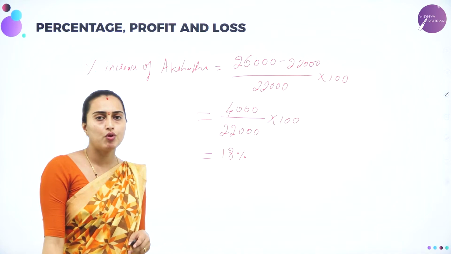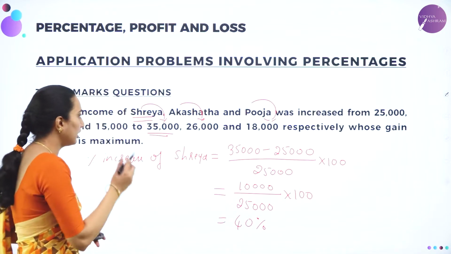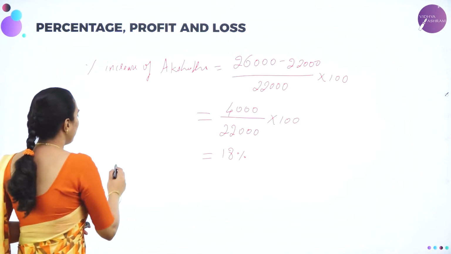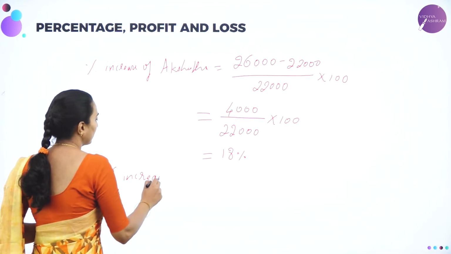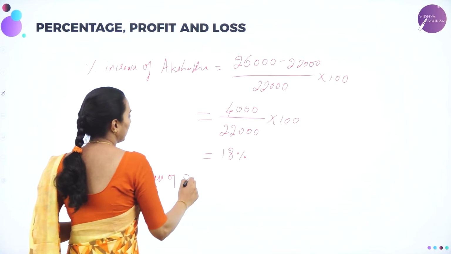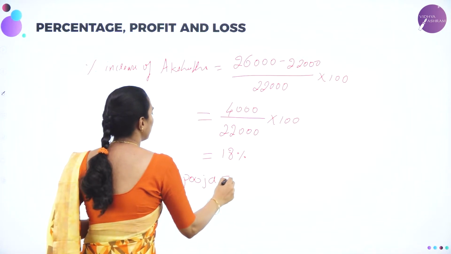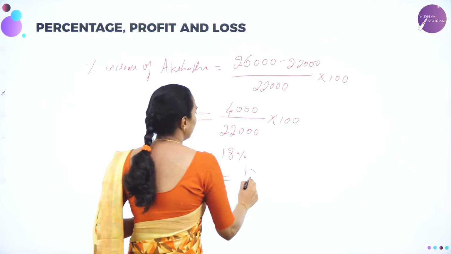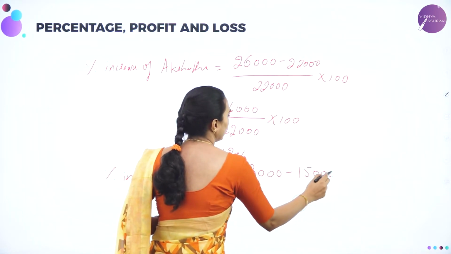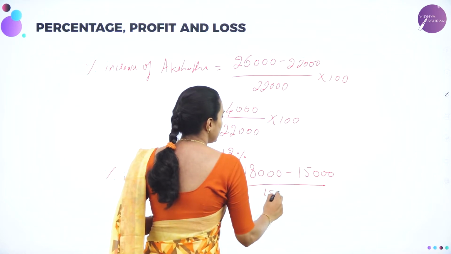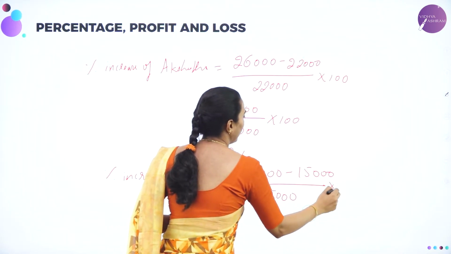Okay, we'll move on to the next, that is Pooja's calculation. Percentage increase of Pooja is equals to, finally she was raised to 18,000 minus initially it was 15,000, divided by initial value into 100.